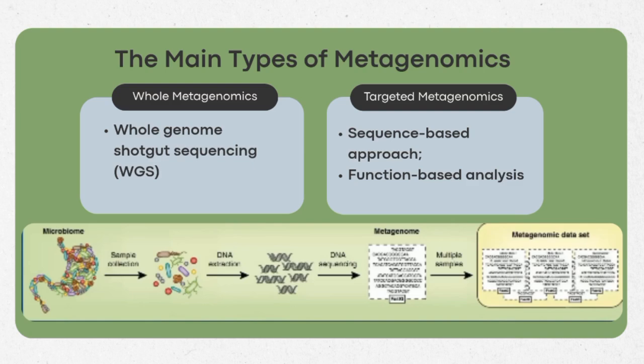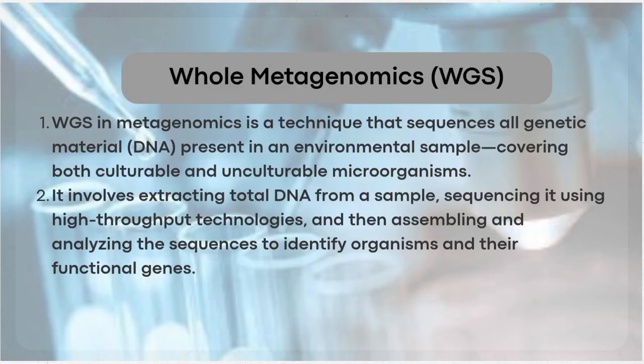Number 2. Targeted metagenomics. Whole genome sequencing in metagenomics is a technique that sequences all genetic materials like DNA present in an environmental sample, covering both culturable and unculturable microorganisms. It involves extracting total DNA from a sample and sequencing.